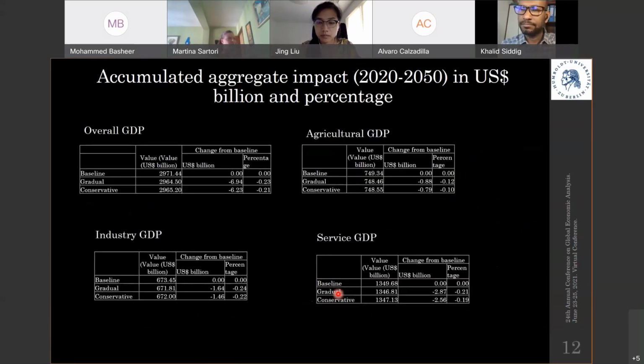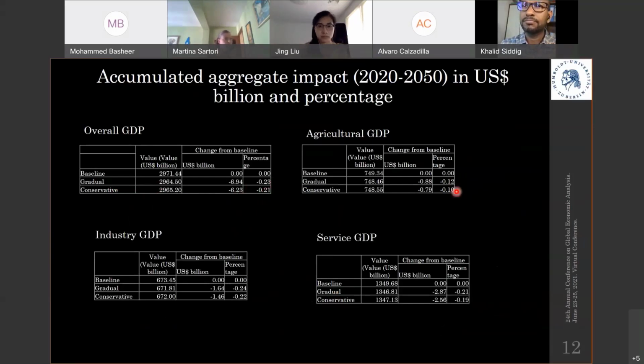Finally, if we look at some macroeconomic impacts, this is the percentage change in GDP, agriculture GDP, service GDP, and industry GDP. Overall, there is around 0.23% change in overall GDP in the gradual scenario compared to 0.21% change in the conservative scenario.